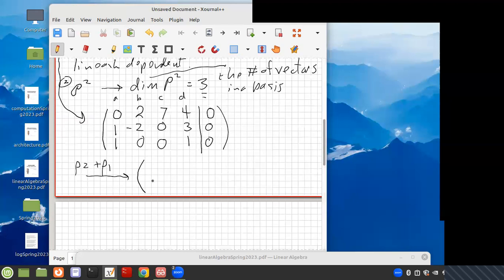So we'll leave the bottom row alone for now, and the second row alone for now, but we will add row 2 plus row 1. That'll put a 1 there. It's really going the wrong way, but I could swap these. But I did this, so let's go ahead, maybe it'll be an extra step. Then this is 0 and 7, and then I add 3 and 4 and get 7.